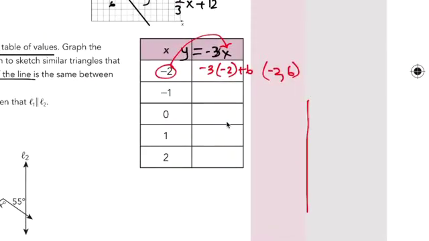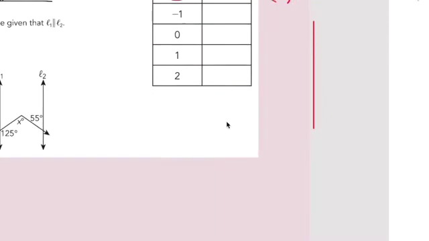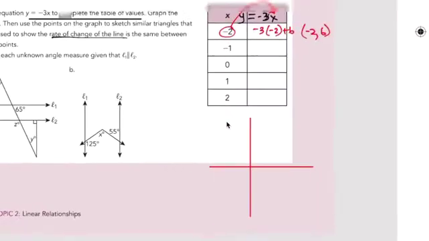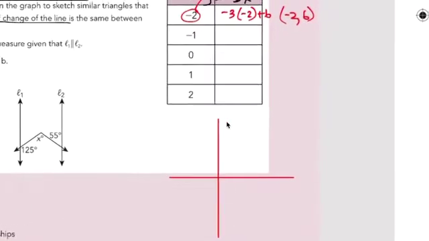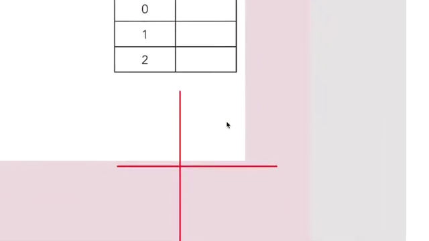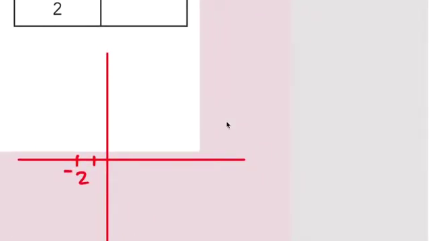So graph negative 2, positive 6 on a graph. Or if you want to, at the bottom here, you can graph that. If you don't have graph paper, I have my son order little graph Post-its from Amazon, and he puts it on there. Negative 2, x is negative 2, and y is positive 6. So 1, 2, 3, 4.